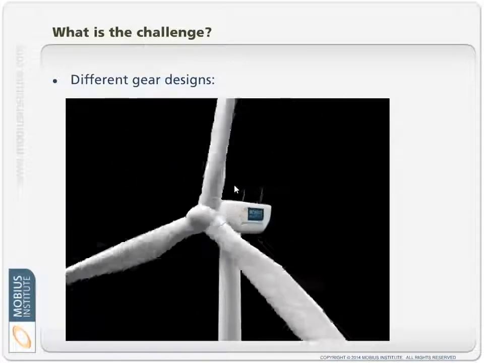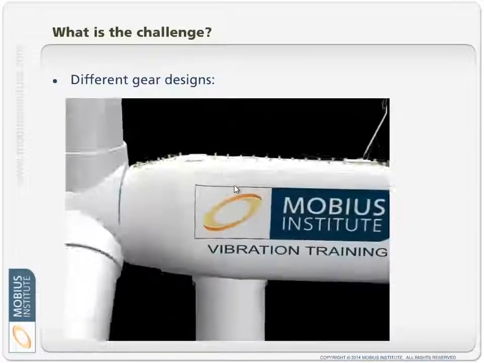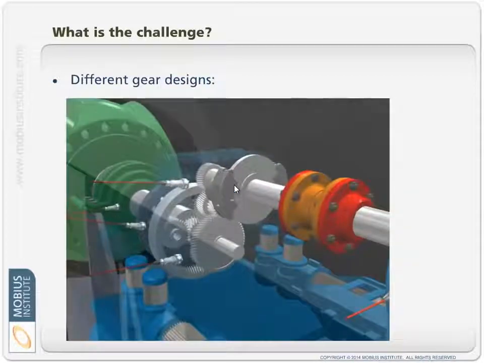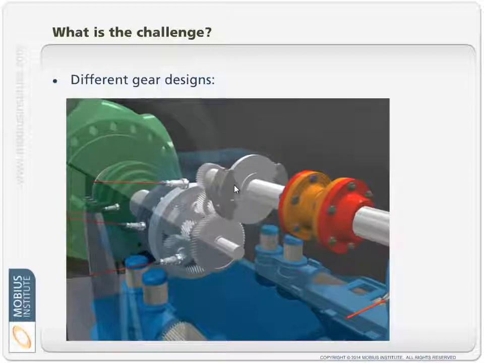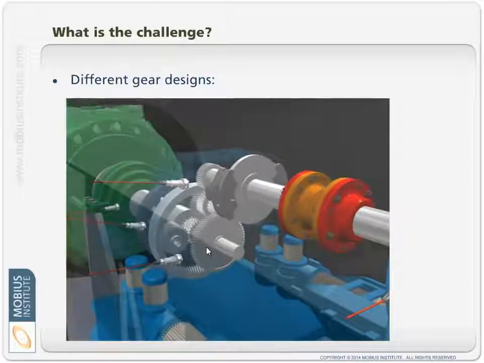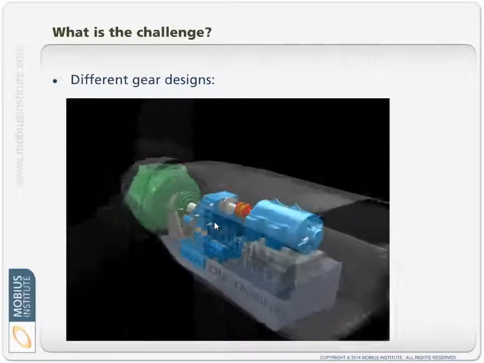And of course we can have quite complicated gearboxes. In this Mobius Institute designed wind turbine, I'm just kidding, we just make animations, not wind turbines, but here you've got an epicyclic or planetary gearbox with two additional stages to the gearbox.